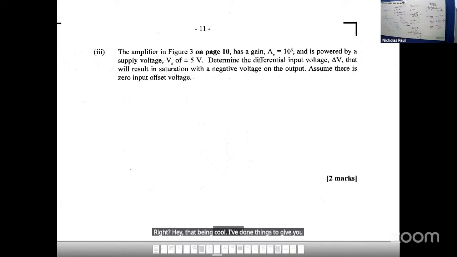They give you the gains. They give positive and negative Vs. They tell you the output is a negative voltage. They want you to find the change in the input.